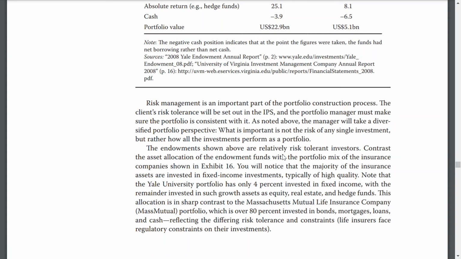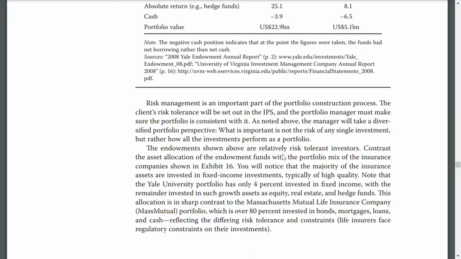The endowments shown above are relatively risk-tolerant investors. Contrast the asset allocation of the endowment funds with the portfolio mix of insurance companies shown in Exhibit 12. You will notice that the majority of the insurance assets are invested in fixed income investments, typically of high quality.